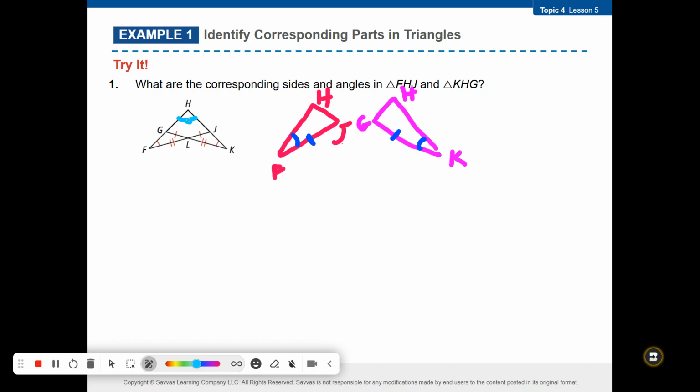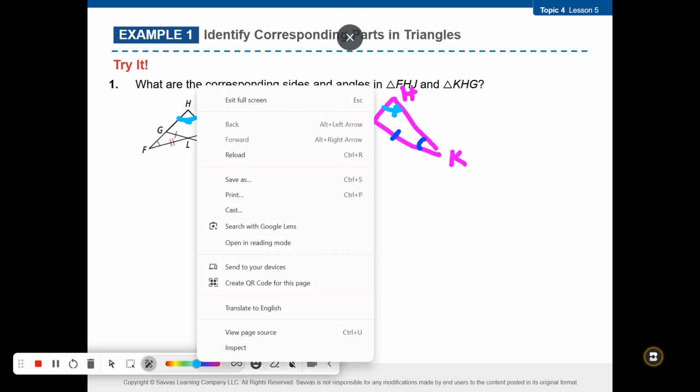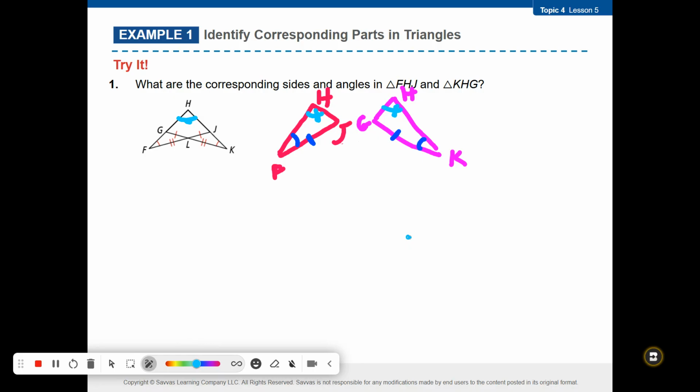H is in both of these, so I can state that H is congruent to H. What property would that be? Reflexive. That's your other side of reflexive property. It's not just for sides, okay? So if we wanted to list all of these corresponding parts in a row, I would state that FH would be congruent to HK.